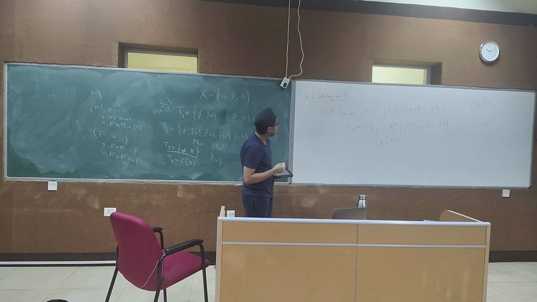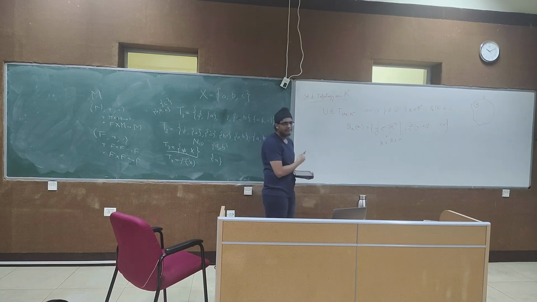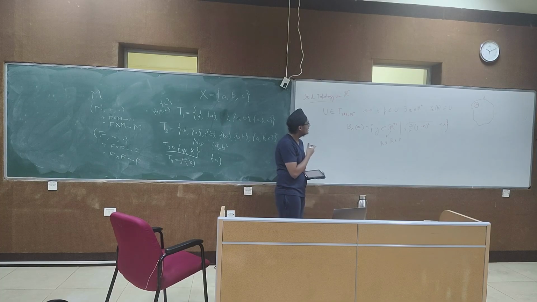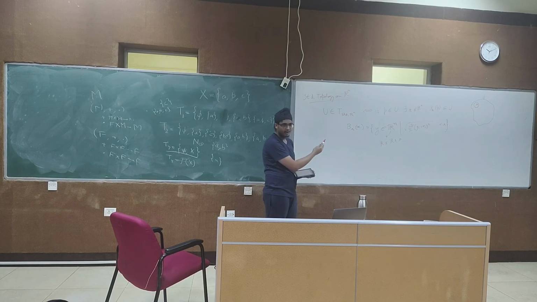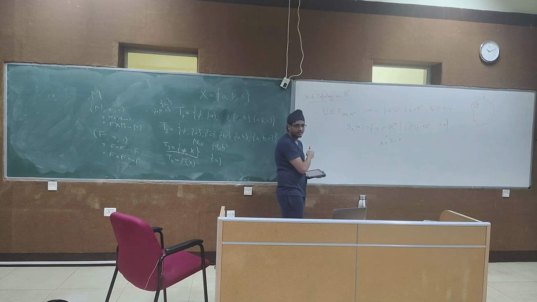Sometime later I will define the definition of continuity in topological spaces. What I want you guys to do there also is to verify that the notion of continuity in topological spaces goes to the same notion of continuity in Rn when you equip Rn with the standard topology. Okay? Any doubts till now?